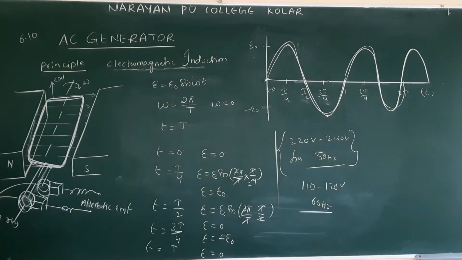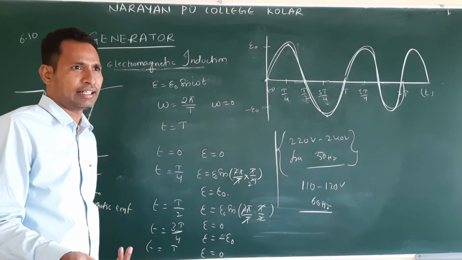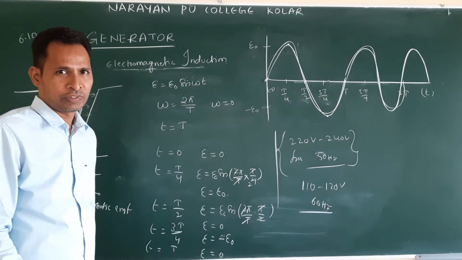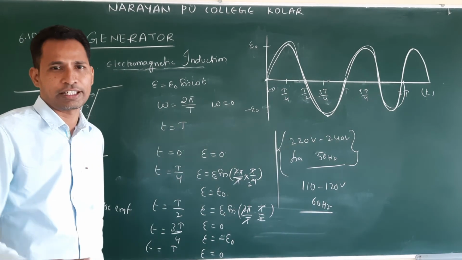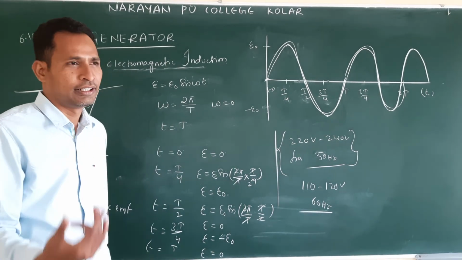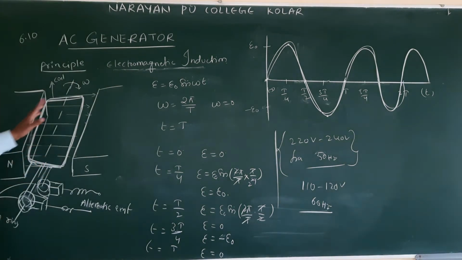So whatever may be the generation plant, we have seen 3 kinds of plants: hydropower, nuclear generation, and third one is thermal. Whether it is a hydroelectrical plant, nuclear plant, or thermoelectrical plant, what they do is rotate the turbines connected to coils.